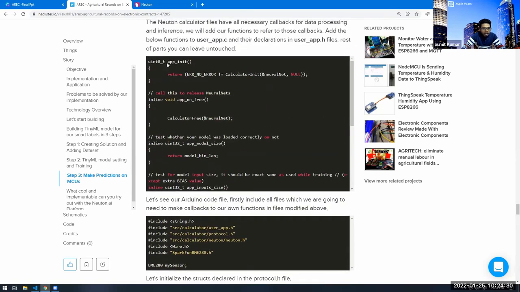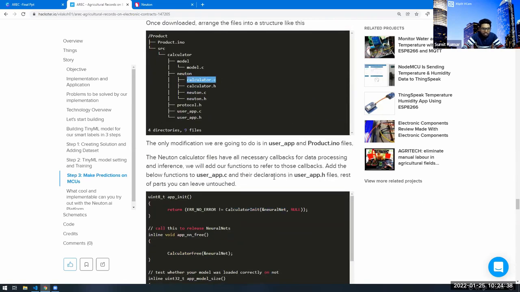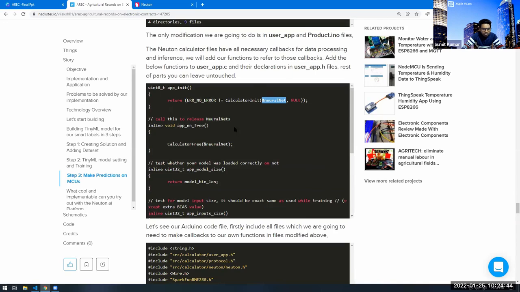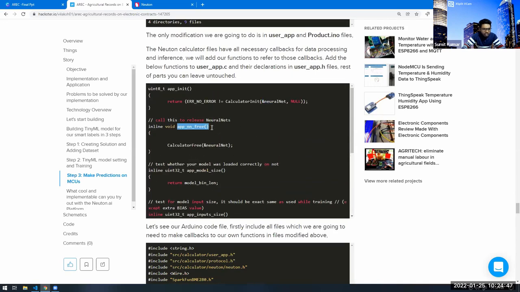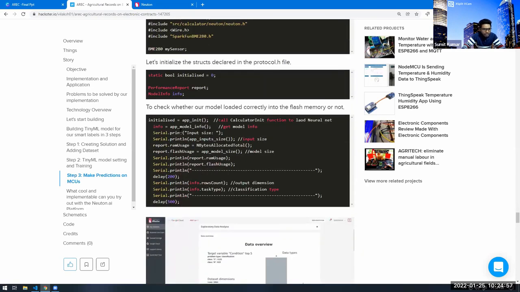These callbacks are defined here, and when you call the app init, it calls the calculator init that is defined in the calculator.c file. On calling this function, it tries to load the neural net structure into the memory, and then you get neural network free. When you call this function, it frees the neural network structure which the user has been using.